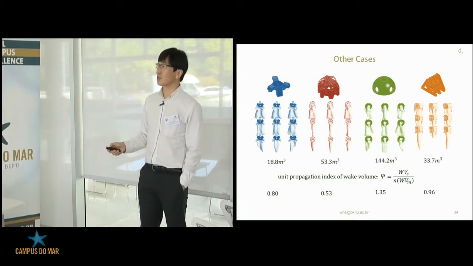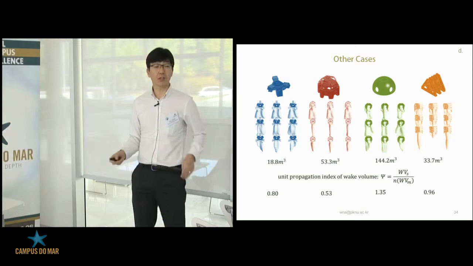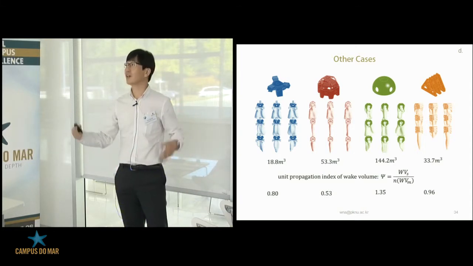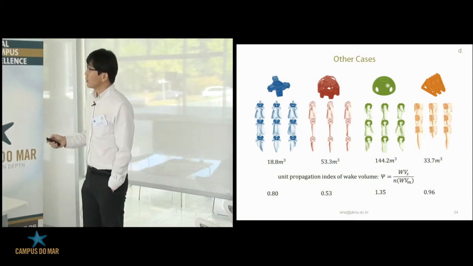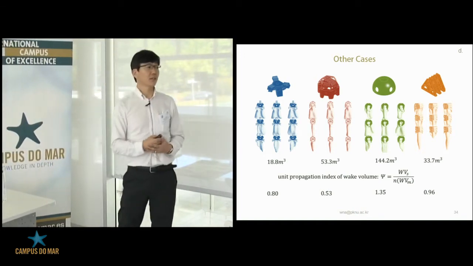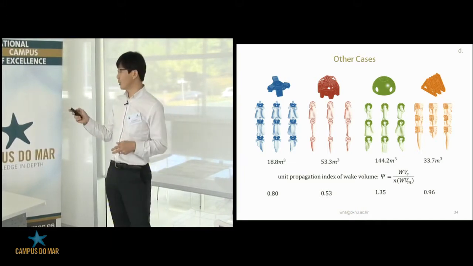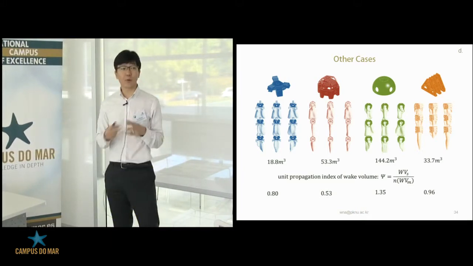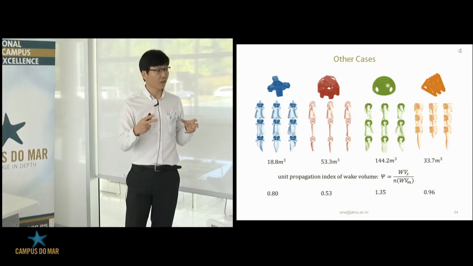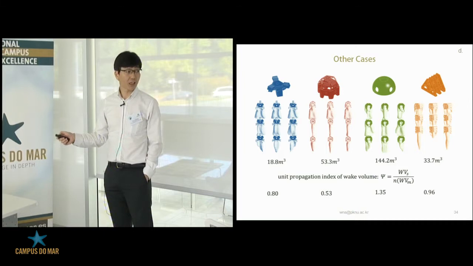And then we investigated the other four cases, and we made an index called the unit propagation index of wake volume. Even though the wake volume may be very large, WVM is the wake volume of a single module, WVS is the wake volume of the set, and N is the number of artificial lips.